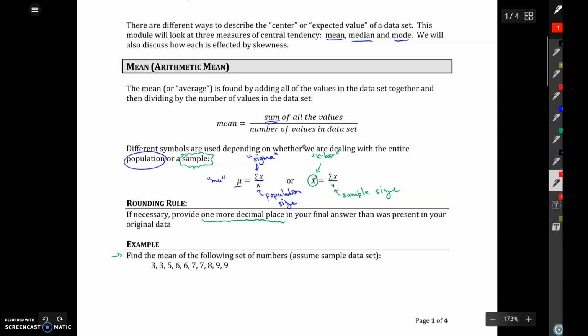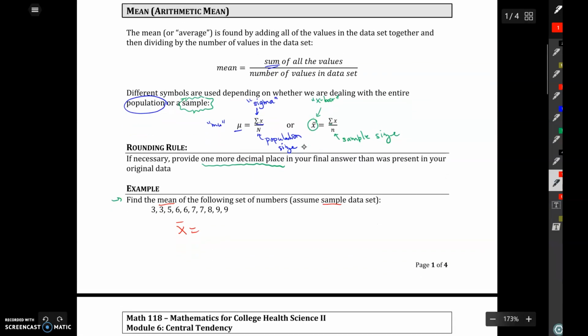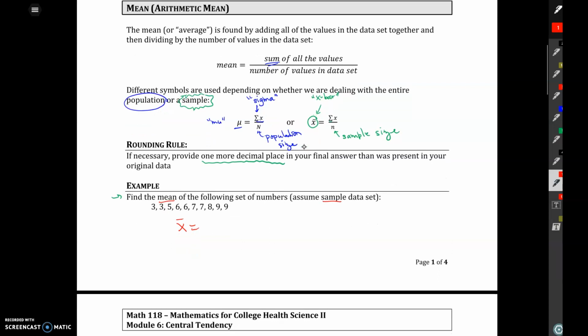To do this calculation, because I'm calculating mean and it's a sample, I'm going to write X bar is equal to, and then add up all my values. So 3 plus 3 plus 5 plus 6 plus 6 plus 7 and so on. We end up getting a total of 63.